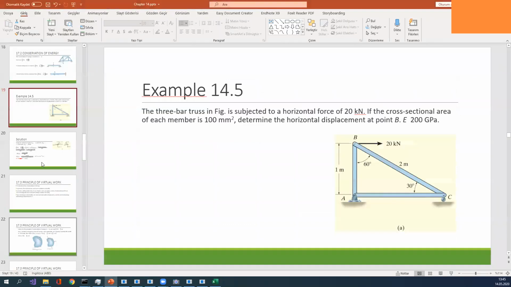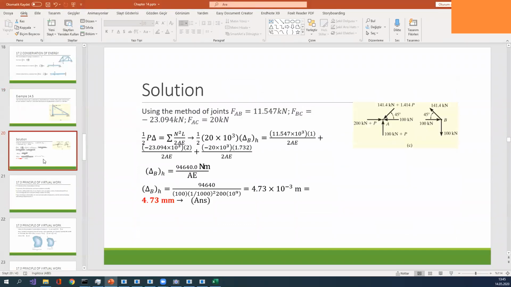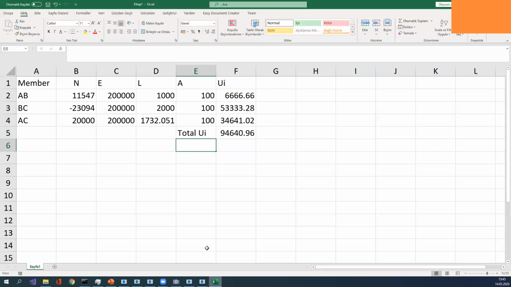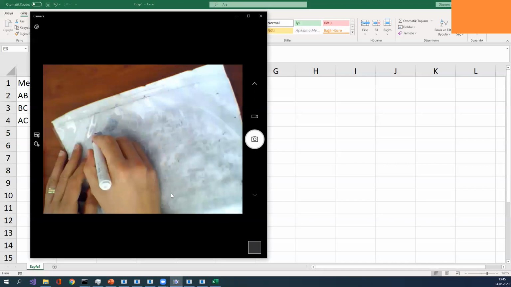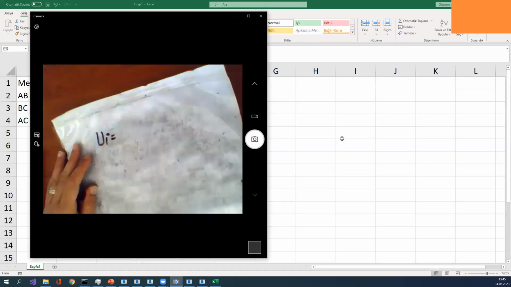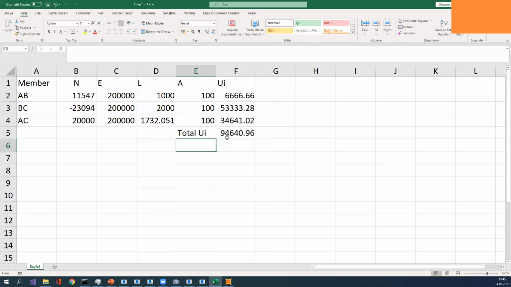Compare it to our book result. I hope this one is correct. No, okay, this is correct. So, in the question, you remember that total U_i is equal to 9464.60 joule.